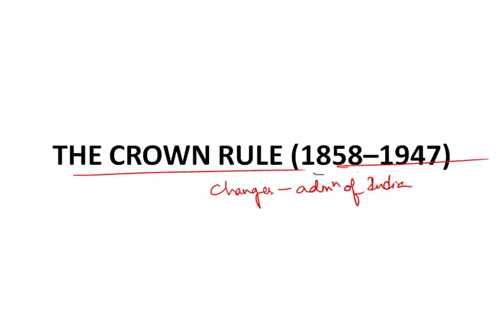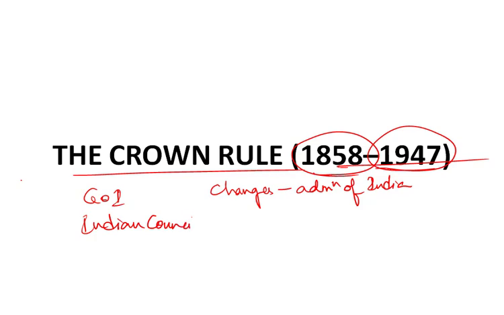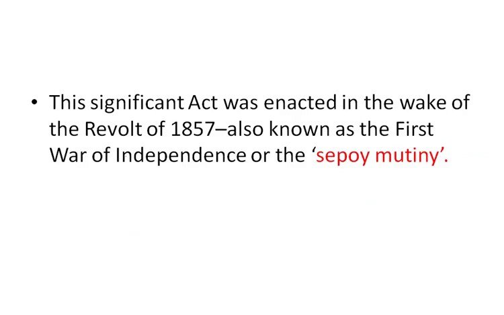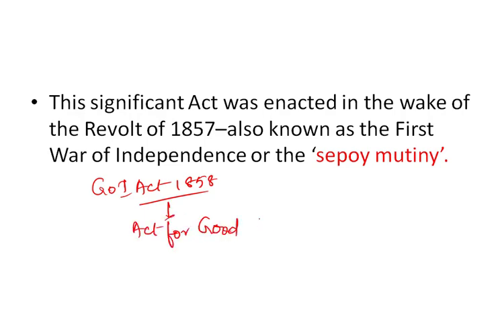So the Crown rule lasted from 1858 to 1947. From now onwards, all the acts were called either Government of India Acts or Indian Councils Acts. The first act passed after the Sepoy Mutiny, or the First War of Indian Independence, is the Government of India Act 1858, also called the Act for the Good Government of India.